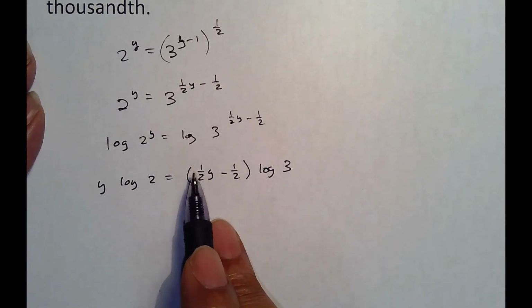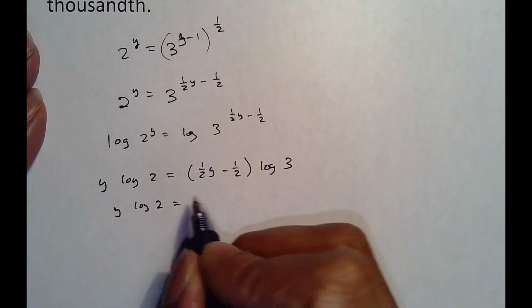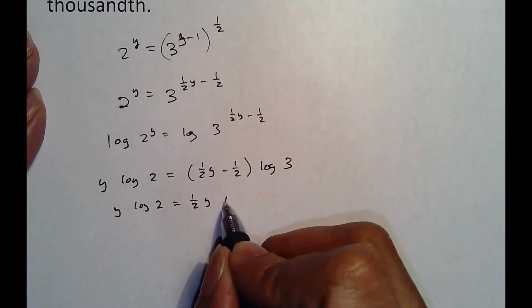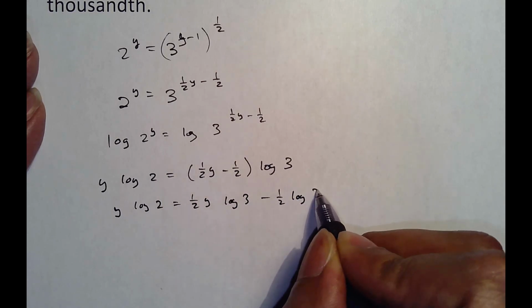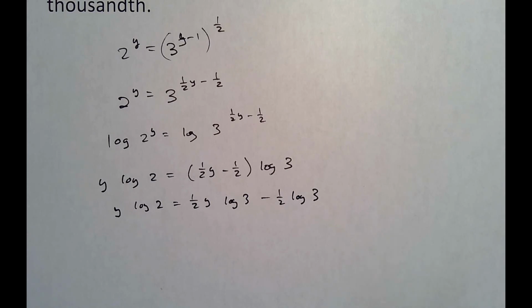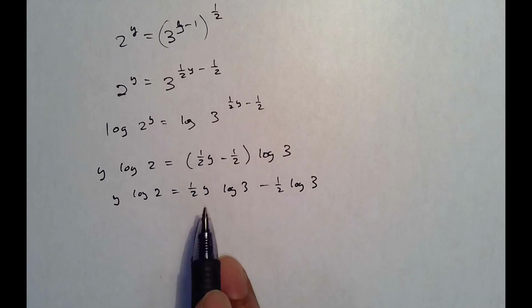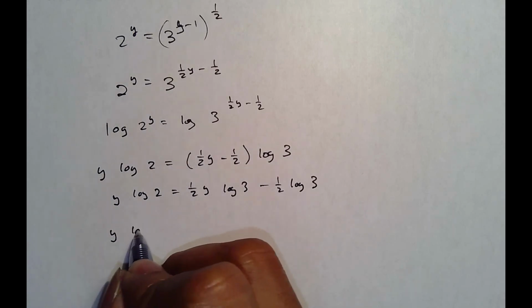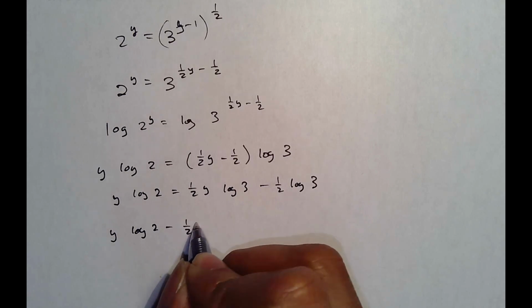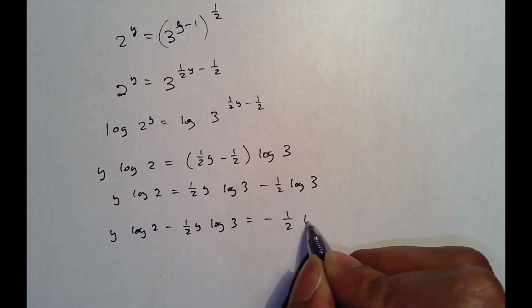You now have to separate this out, so you end up with y log 2 equals 1/2 y log 3 minus 1/2 log 3. Whew. From there, we need our y's on one side because if we're going to solve for y we need to factor it off, so we end up with y log 2 minus 1/2 y log 3 equals negative 1/2 log 3.